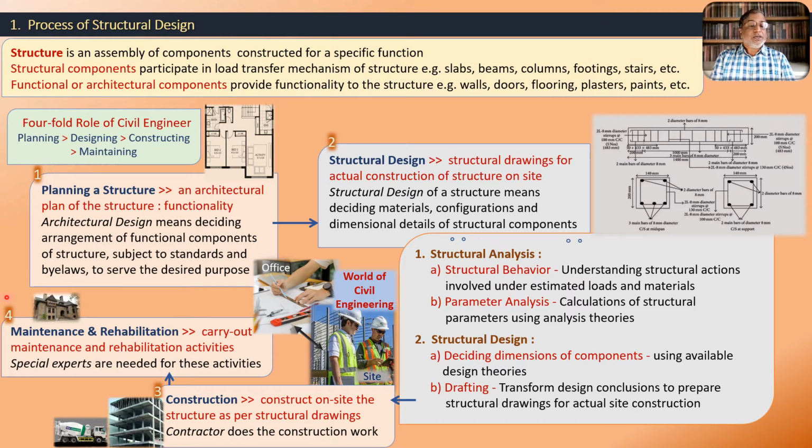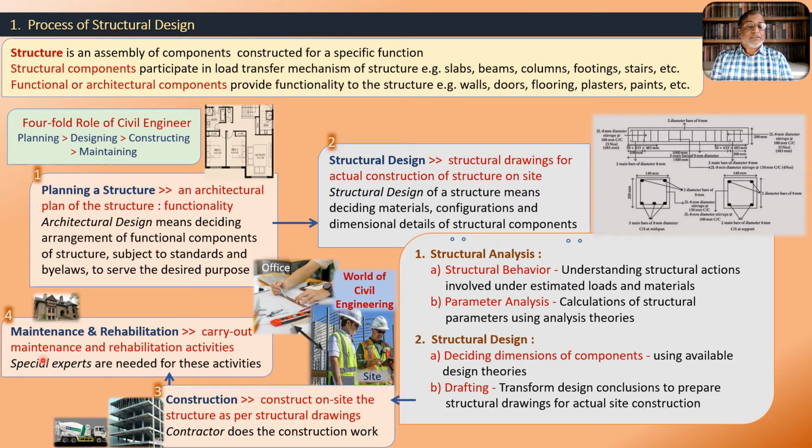So the engineer has to play this fourth role also, maintenance and rehabilitation. Now for these activities, some extra expertise is required, because troubleshooting and problem solving, finding out correct remedies and implementing them on the site, is more difficult than designing a structure from the beginning.